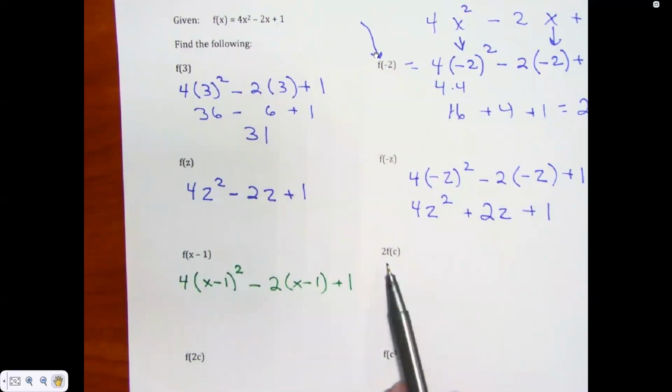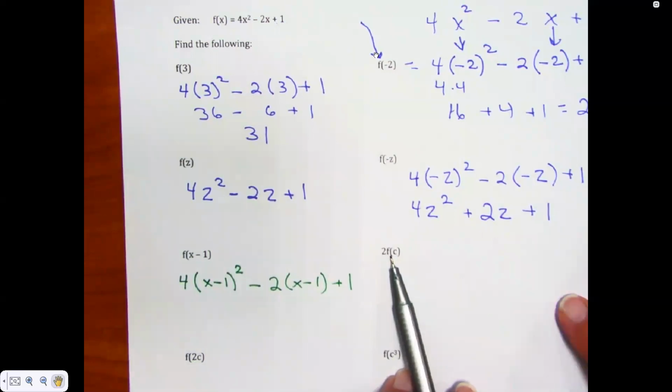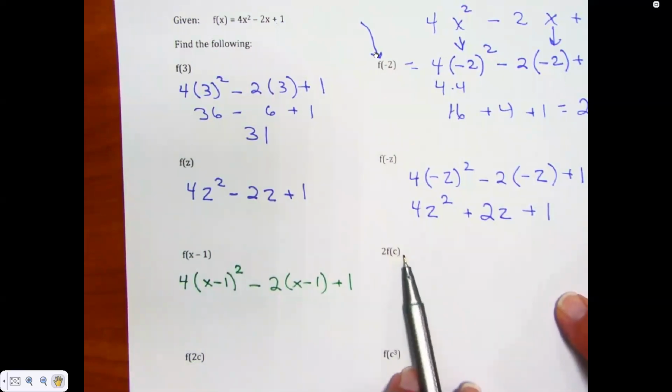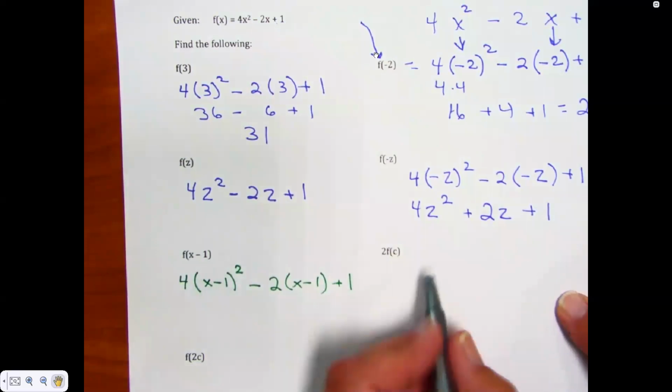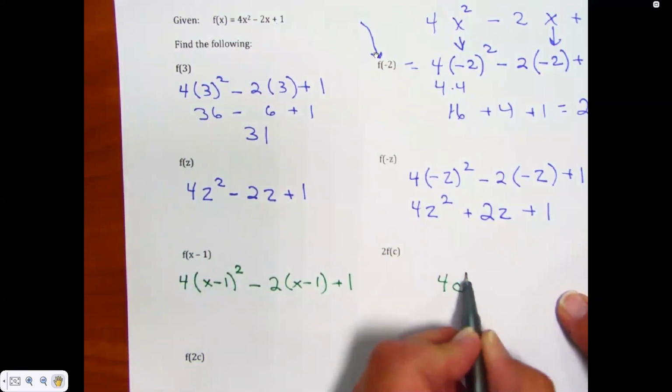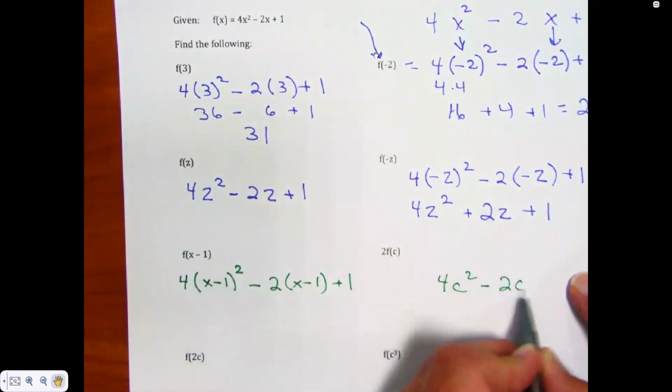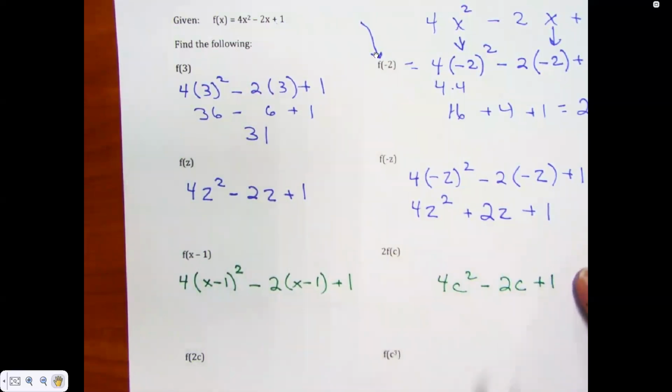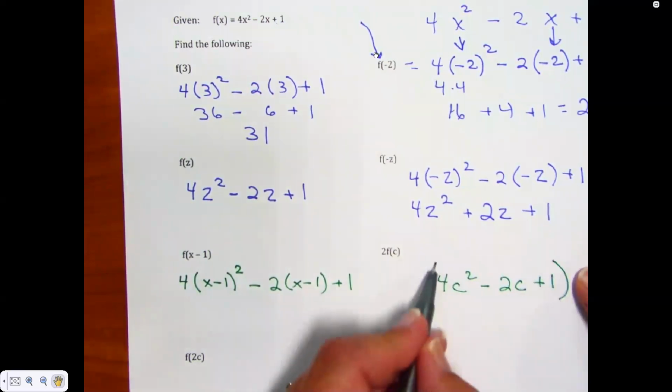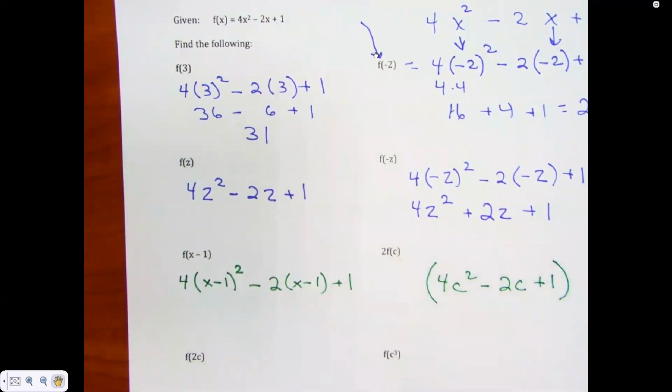All right, this one. What is this one saying? I'm going to rewrite my f function, and wherever there's an x, I'm going to write a c. So 4c squared minus 2c plus 1. But what am I supposed to do with my entire f function? Take it times 2.